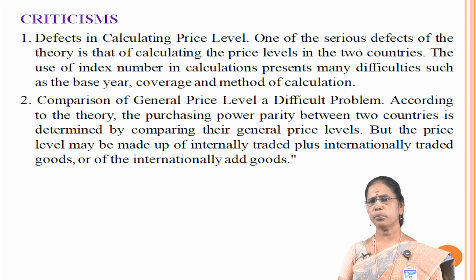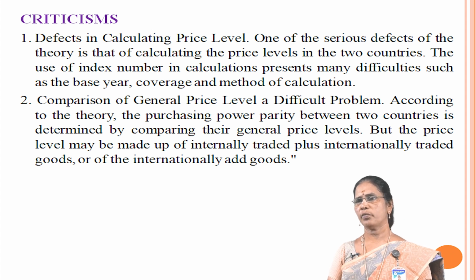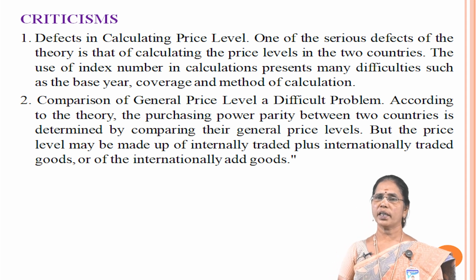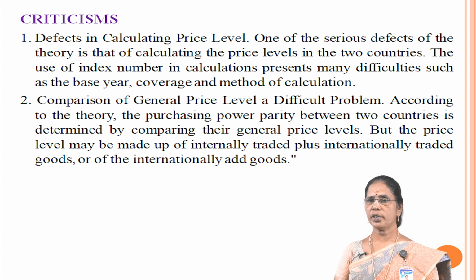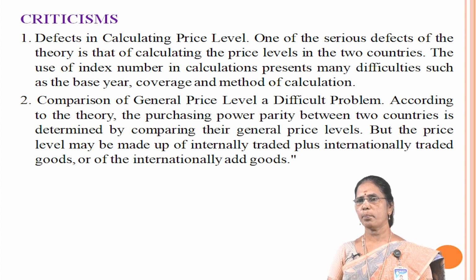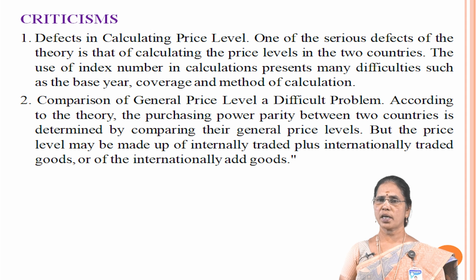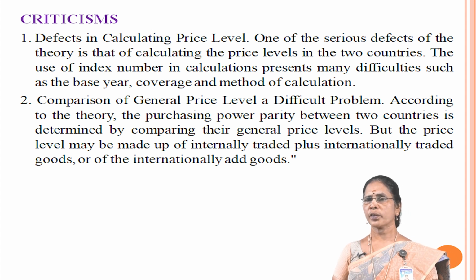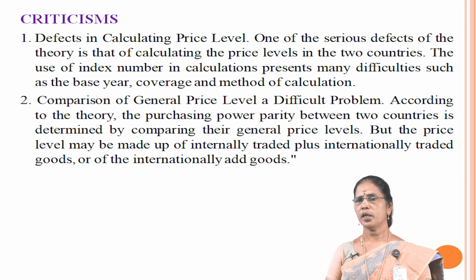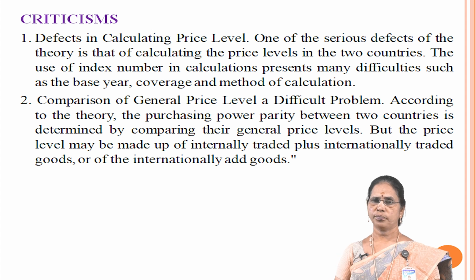The two countries may not include the same type of commodities in calculating the index number. Such difficulties make the index number only a rough guide for measuring the price levels and thus fail to give the correct purchasing power parity between the two countries.